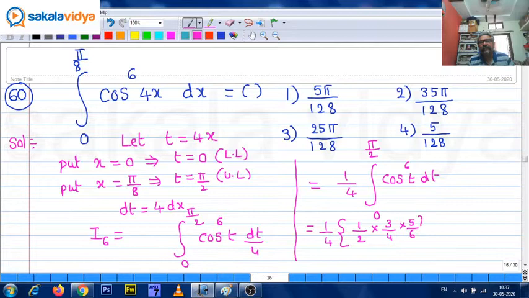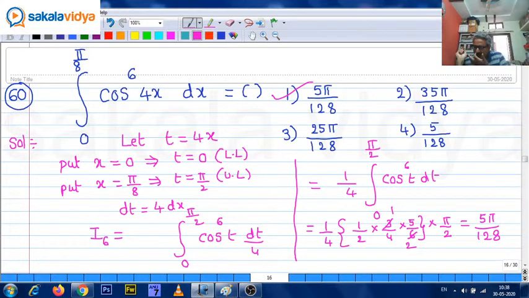Stop. As it is even power, you multiply with pi/2. If it is odd, you multiply with 1. So now 15 pi, you will be getting 3 1s are 3, 3 2s are 6. Right. You will be getting 5 pi/2, 2 2s are 4, 4 4s are 16, 16 2s are 32, 32 4s are 128. So the first option is the right option.